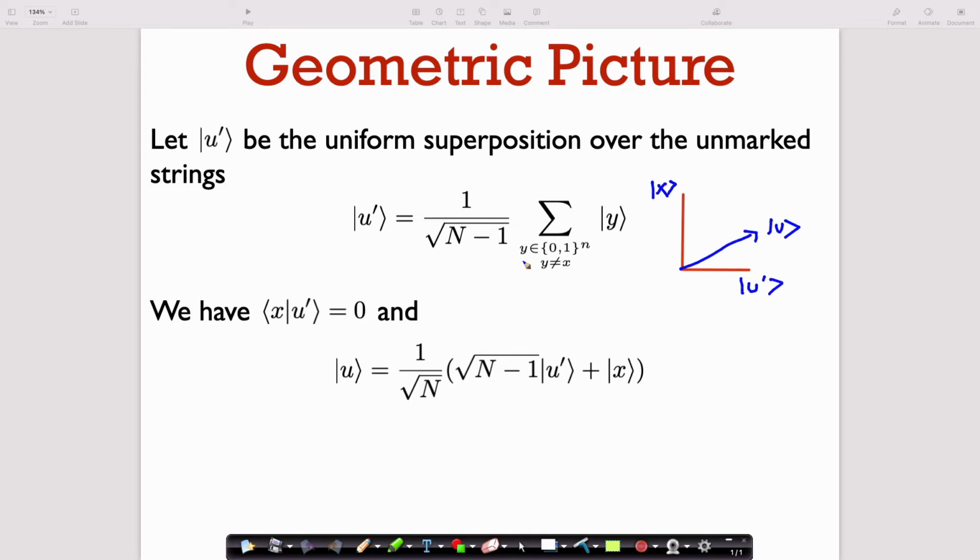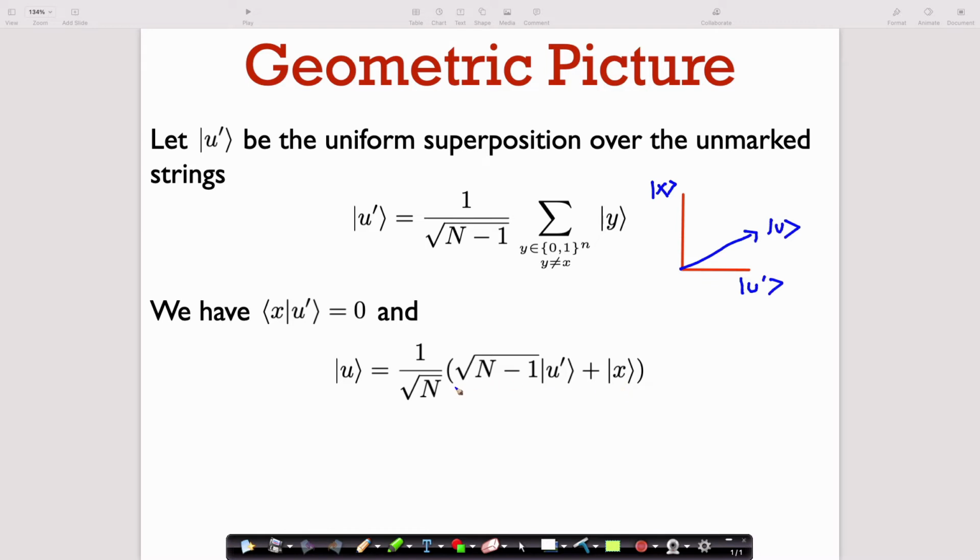And we can also see how to write u, the uniform superposition, as a linear combination of u prime and x. How do we do that? Well, I just multiply u prime by square root of n minus 1, so that kills this normalization term here. And then I just add x back in.